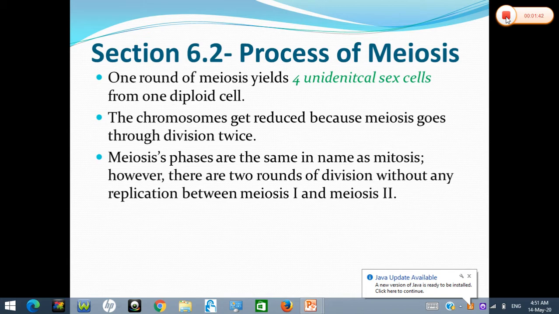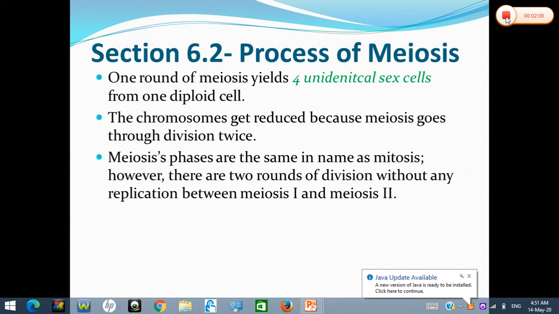For example, in human beings, it contains 46 chromosomes or 23 pairs of chromosomes, while sex cells are haploid, which means they contain half the number of chromosomes. In the case of human beings, it will be just 23 chromosomes.